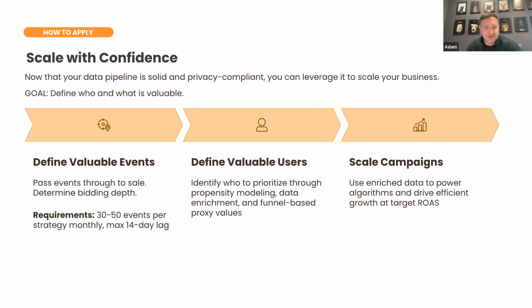You're passing back to the algorithm in real time what's valuable or not, so you can trust the system to grow. Also, passing in that data, having a clean data architecture, capturing it all, allows you to use MMM models or different attribution models and advanced reporting that give you a better view of how your media is actually performing.